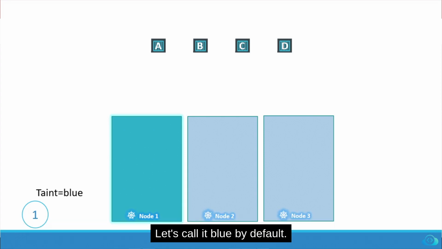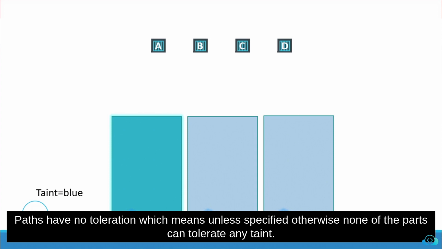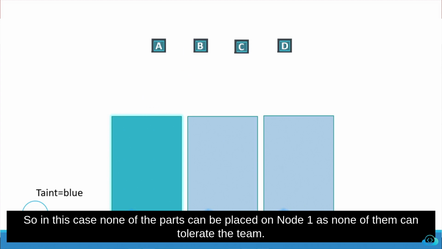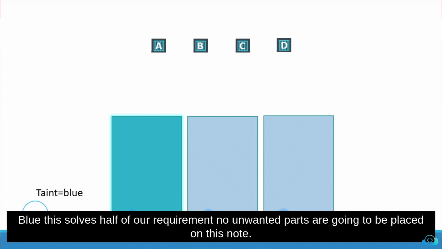By default, pods have no tolerations, which means, unless specified otherwise, none of the pods can tolerate any taint. So in this case, none of the pods can be placed on node 1 as none of them can tolerate the taint blue. This solves half of our requirement. No unwanted pods are going to be placed on this node.